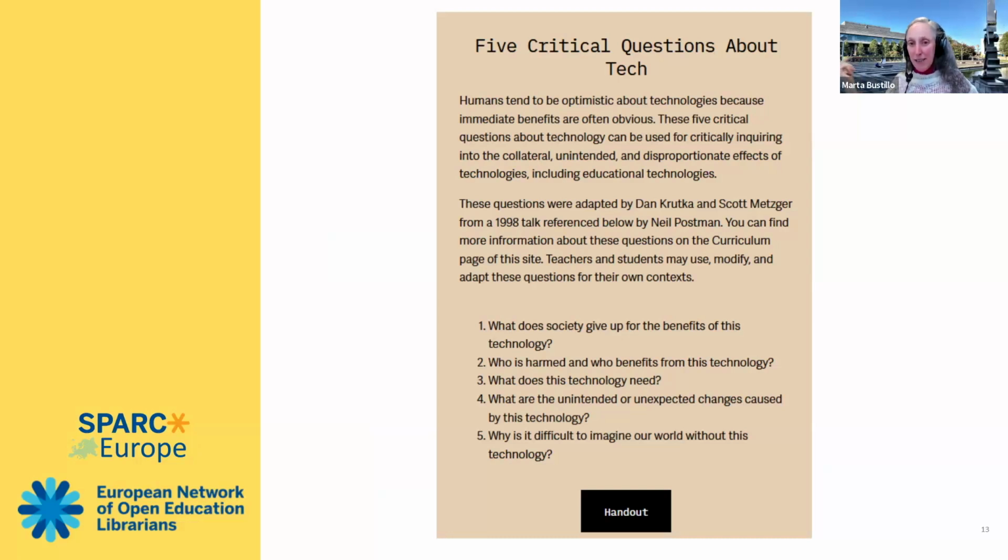What are the unintended changes caused by this technology? And why is it difficult to imagine our world without this technology? So we basically launched these questions and had people sitting at tables discussing this. And it was one of the first serious discussions about the ethical aspects and the environmental aspects of using AI.